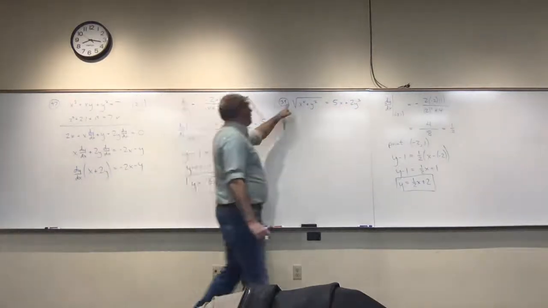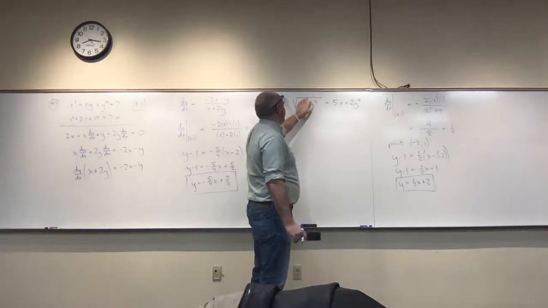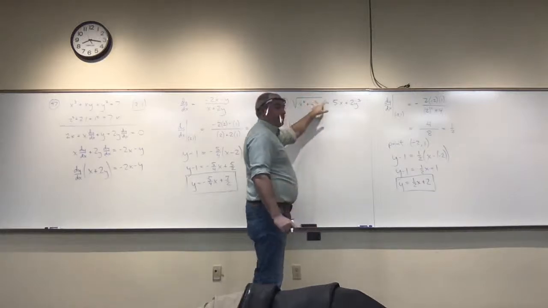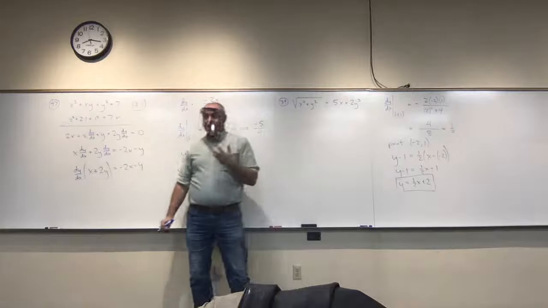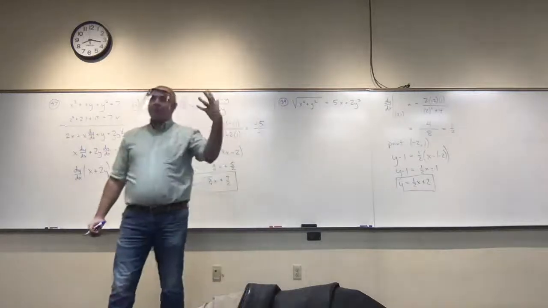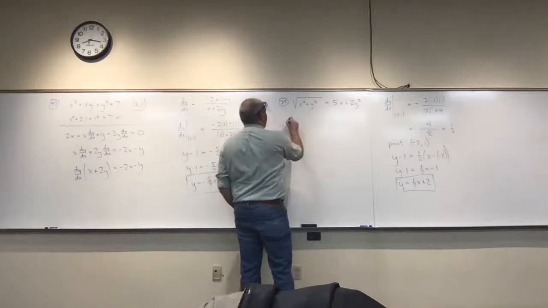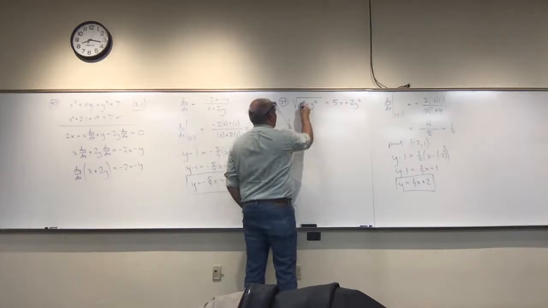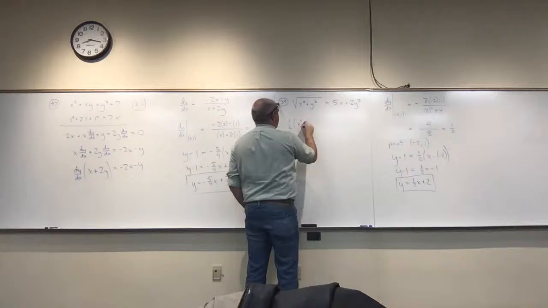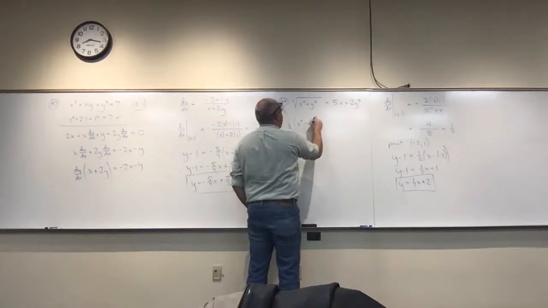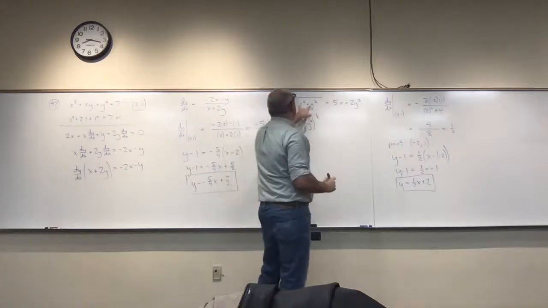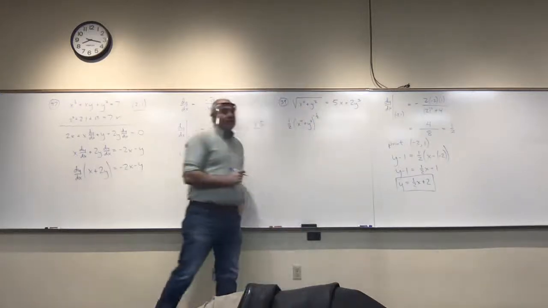The derivative of this guy, I have something to the 1/2 power, right? So this is a chain rule. I have something raised to the 1/2. So the derivative of something to the 1/2 is 1/2 times whatever's inside, in this case, x to the 4th plus y squared, to the -1/2 times the derivative of what's inside.